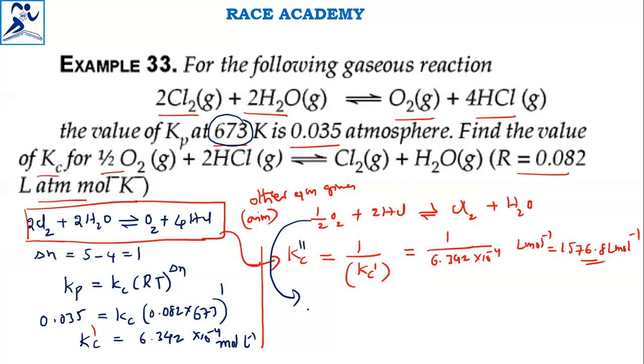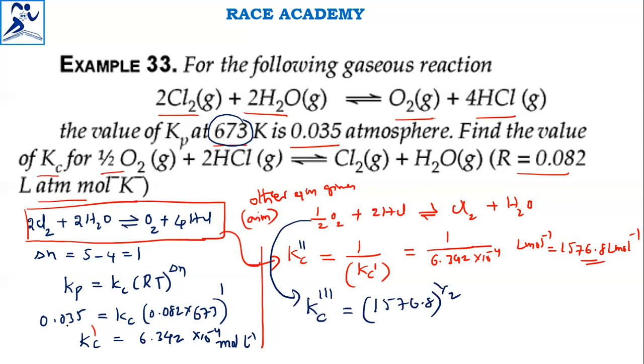Now I can find the Kc triple dash value as nothing but the whole power 1 by 2 of this value what I got. So 1576.8 whole power 1 by 2.